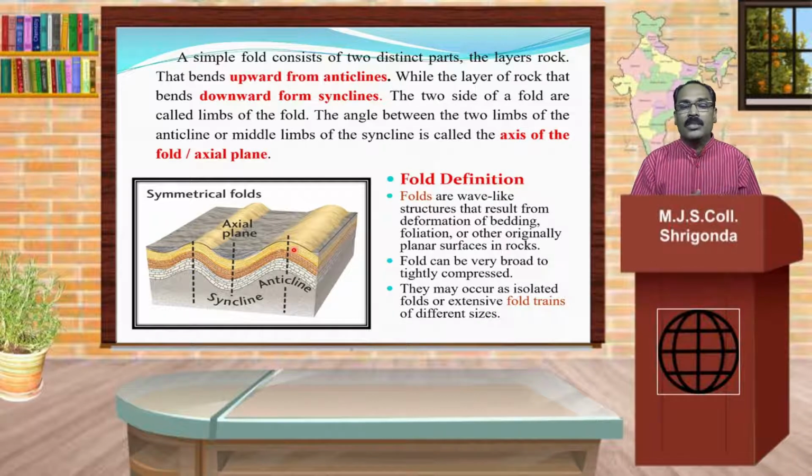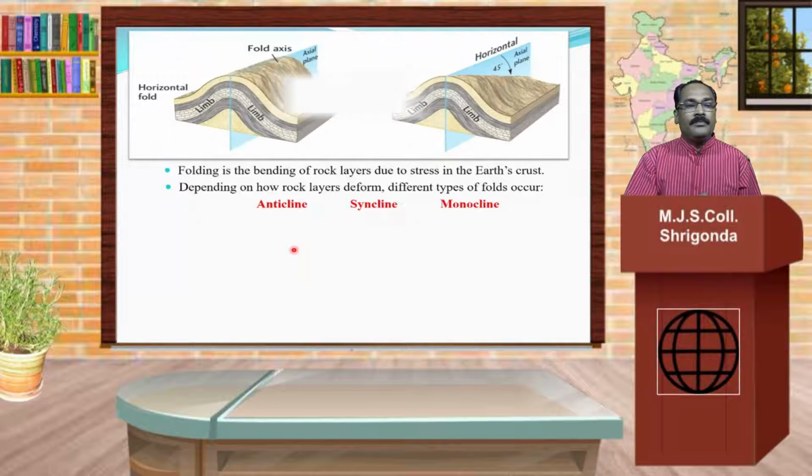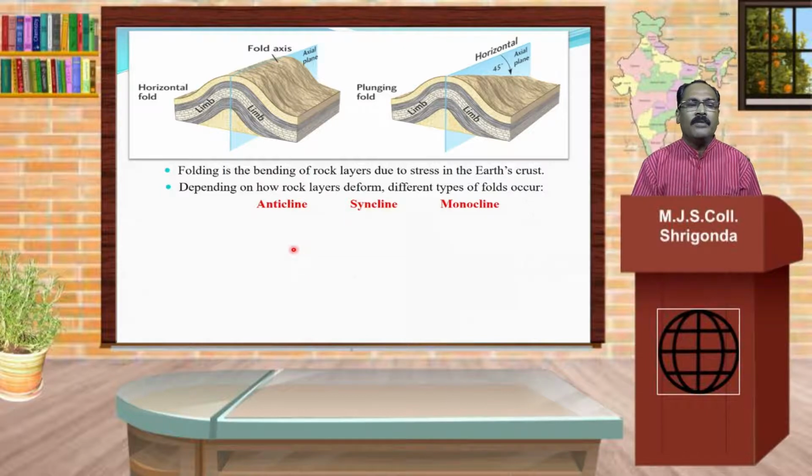They may occur as isolated folds or as extensive fold trains of different sizes. Folding is the bending of rock layers due to stress in the earth's crust.